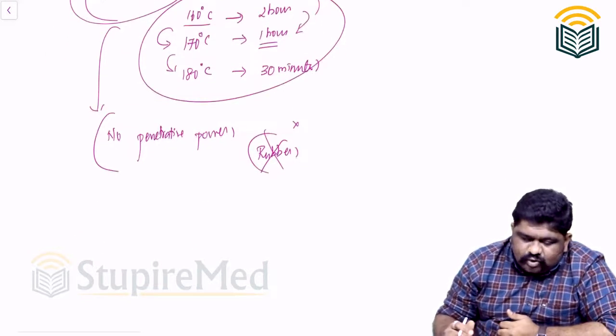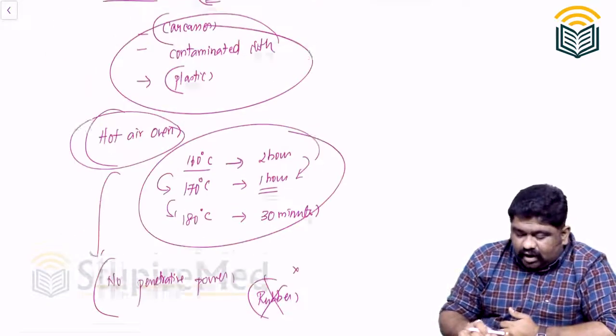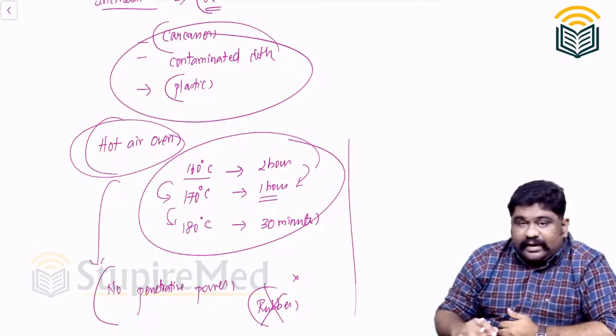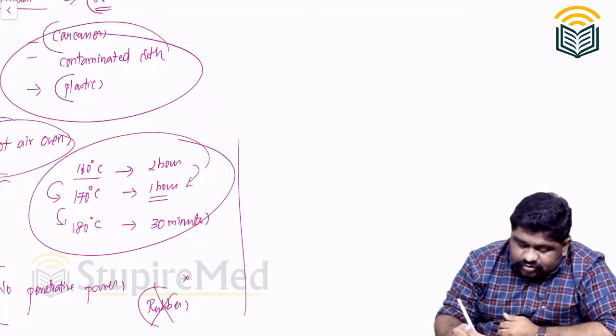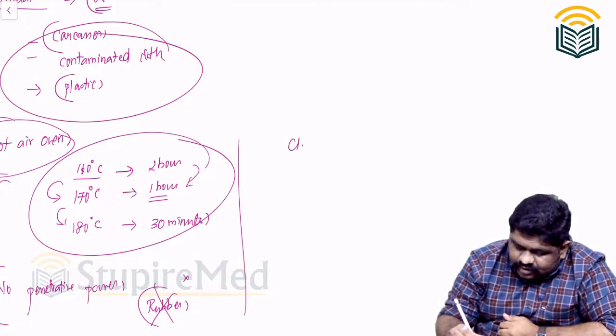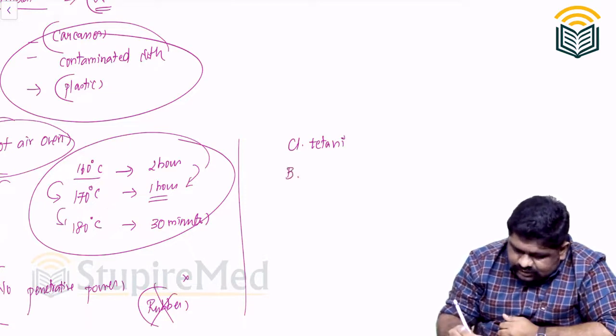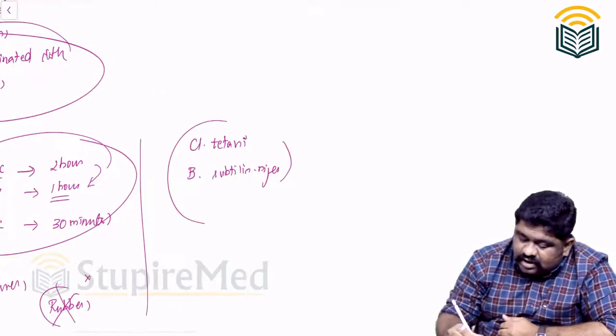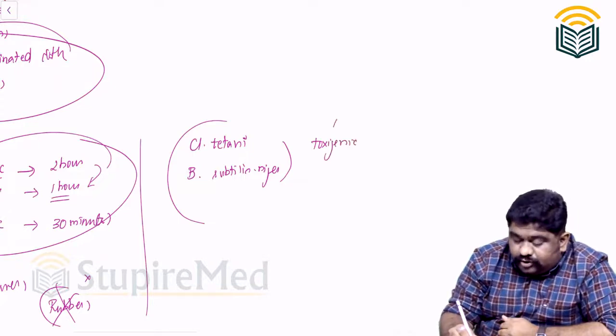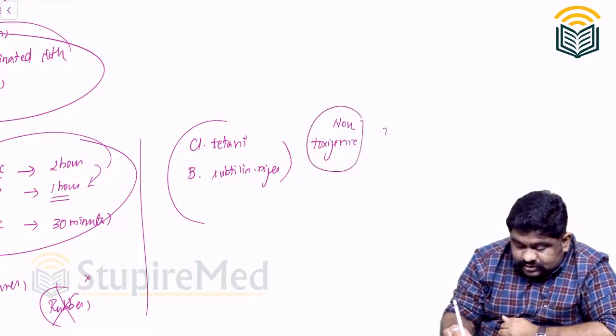Also remember, you can use the hot air oven with proper control mechanisms. You can have precision control using certain organisms: Clostridium tetani and Bacillus subtilis niger. These two organisms can be taken from non-toxigenic strains.